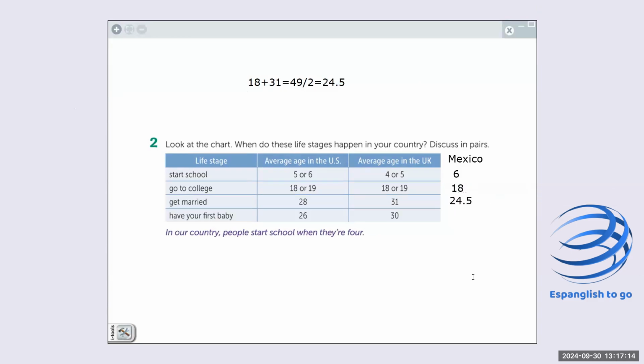Okay, and what's the average age in Mexico for having your first baby? 24.